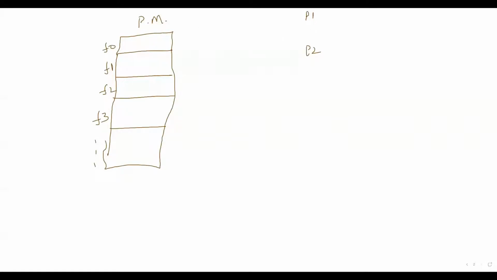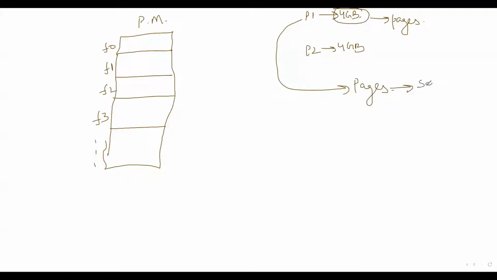Fine. So now what happens? This P1 requires 4 GB of virtual memory and this also has 4 GB of virtual memory. We divide its entire 4 GB into pages. Basically this is stored in secondary storage. So P1 has its pages, and these pages are stored in the secondary storage.